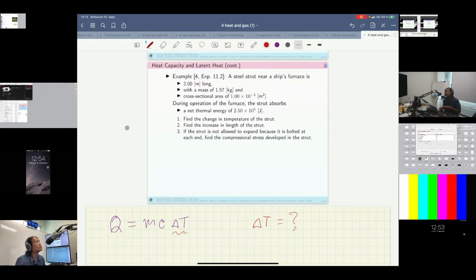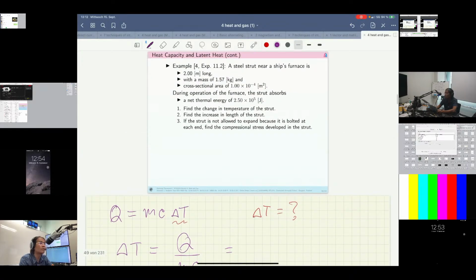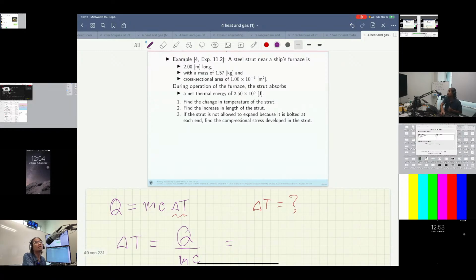ΔT equals Q divided by mc. You know that Q is what they provided, and the value for Q is 2.5 × 10^? joules.